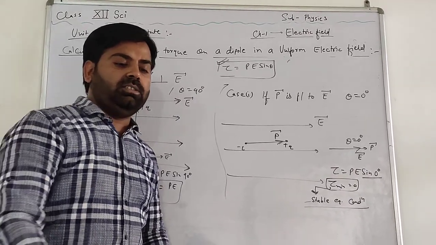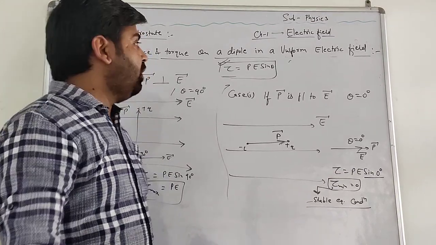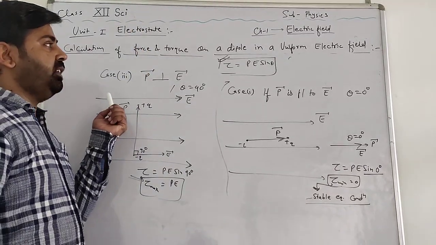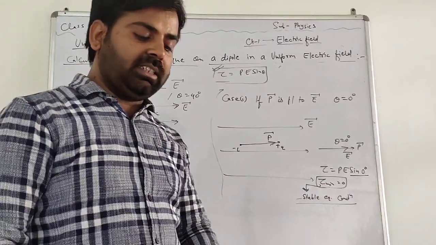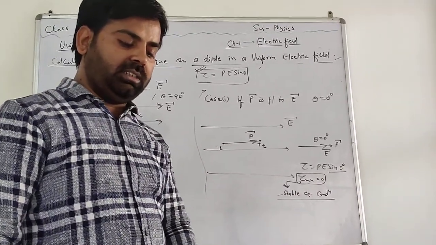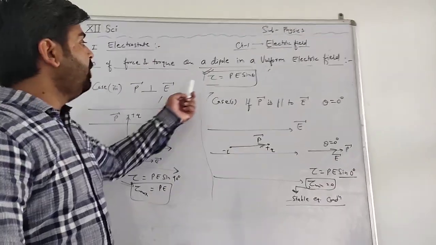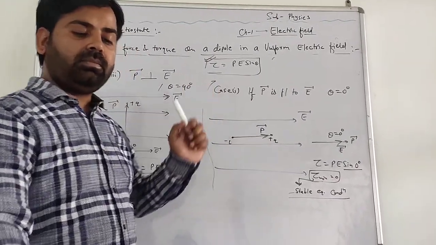Now, we give you some homework on this topic. Firstly, we discuss example 1.20, which is based on the formula tau is equal to P sin theta.